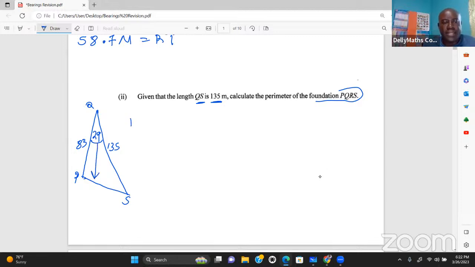So we'll start off by saying PS squared is equal to 83 squared plus 135 squared minus 2 times 83 times 135 times the cosine of the angle, which is 29 degrees.